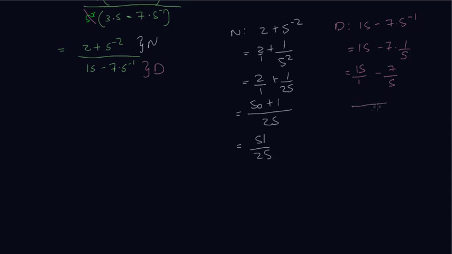So we want a common factor of 5. 5 divided by 1 is 5, then 5 times 15 is 75, and then minus, 5 divided by 5 is 1, times 7, that's 7. So 75 minus 7 is 68 over 5. So our denominator is 68 over 5, and our numerator is 51 over 25.